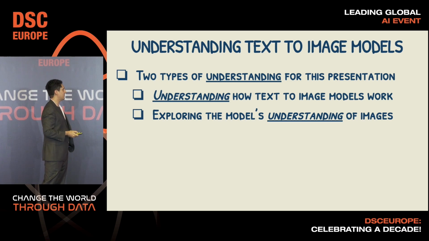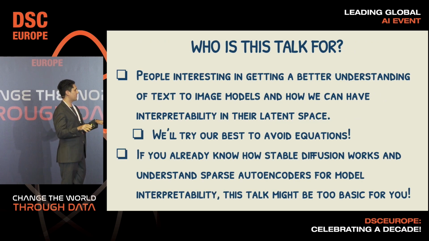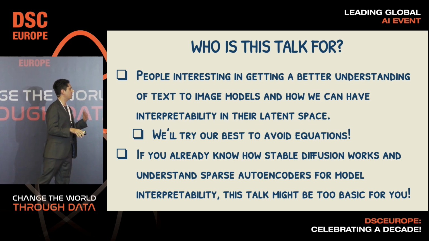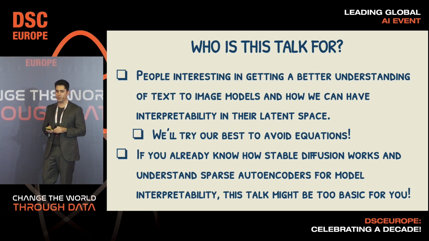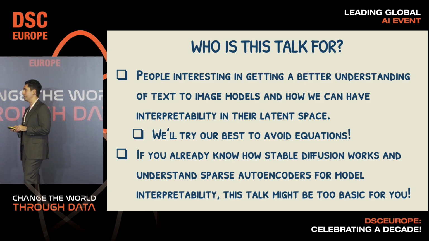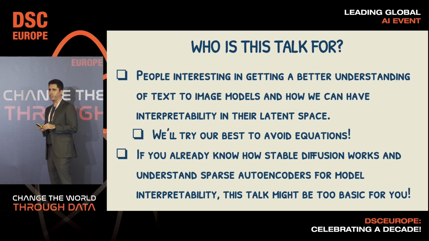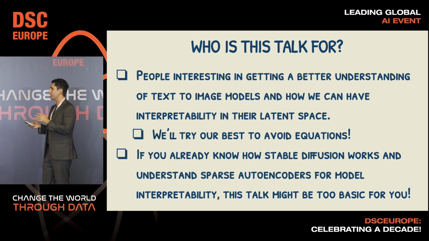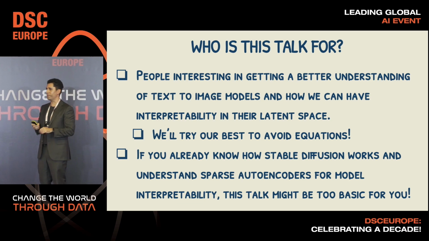But just to set some expectations, who is this talk for? It's for people who are interested in getting a better understanding of how general text-to-image models work, and also how we can have interpretability in their latent space. And I'm going to try my best to avoid equations because I don't think it's super useful to have 10 loss functions there when you don't have pencil and paper.